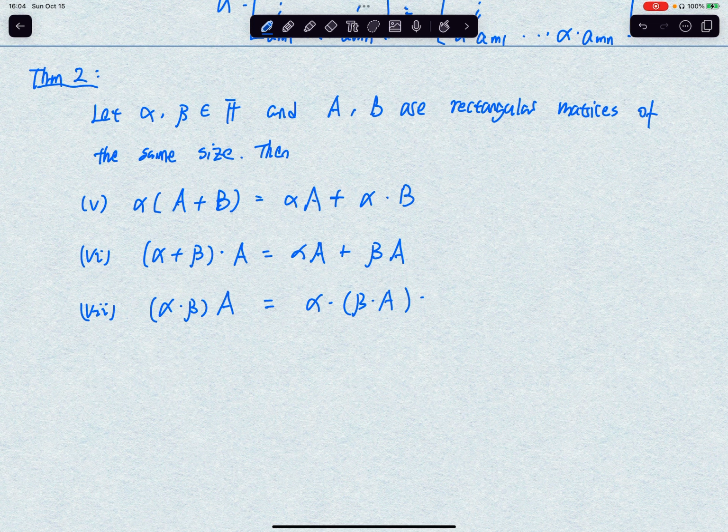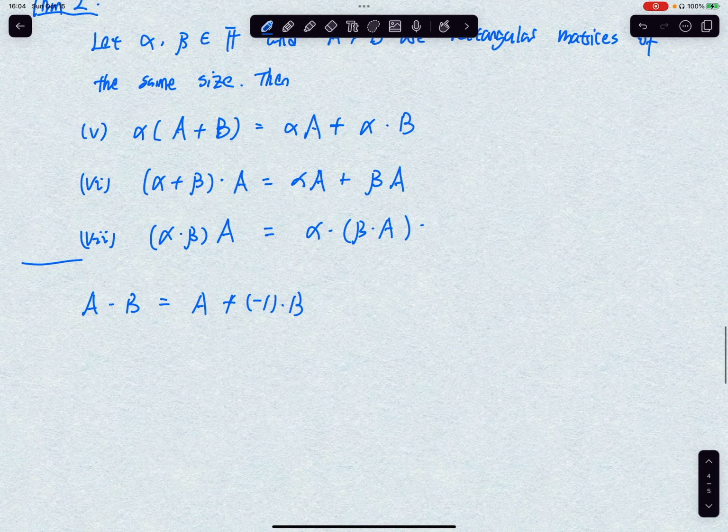Therefore, the difference A minus B of two rectangular matrices of equal size is defined to be A minus B equals A plus minus 1 times B, and our result in the last theorem could be proved.